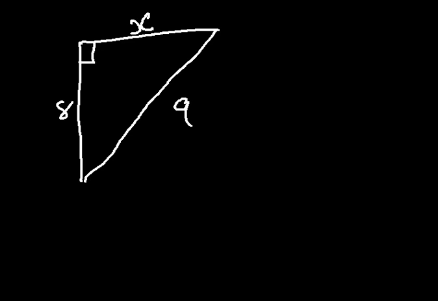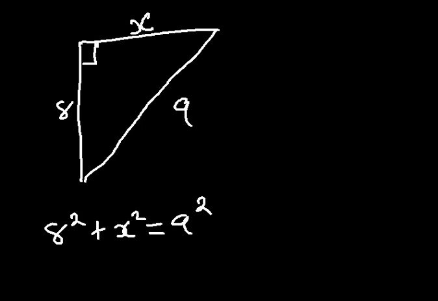So now what is the value of the side x? Now the principle remains the same. You should understand that this is the hypotenuse. According to the Pythagoras theorem, what we have is that 8 square plus x square is equal to 9 square, according to the principle of the Pythagoras theorem.